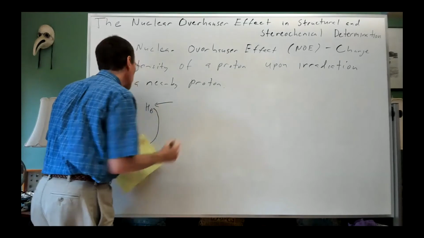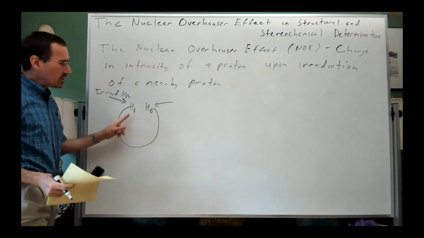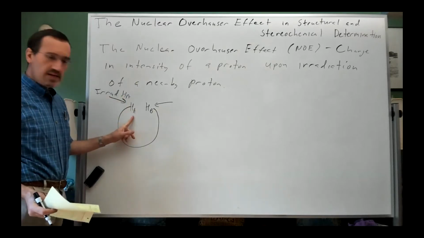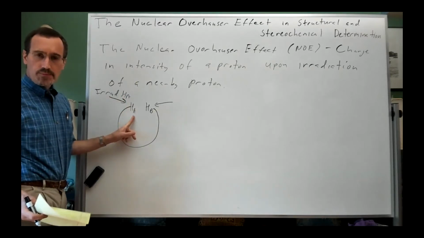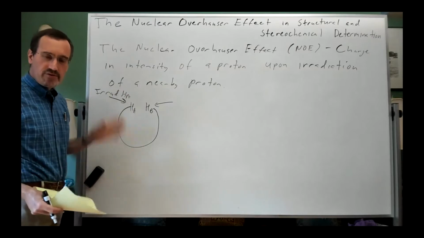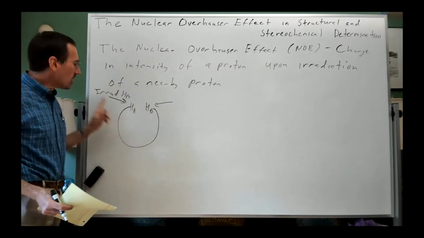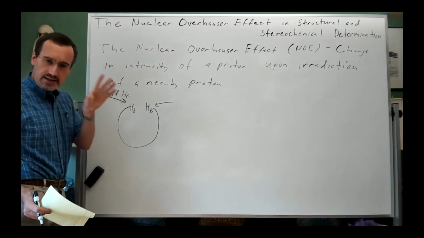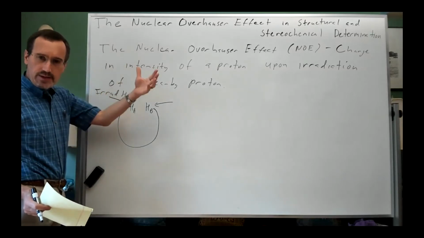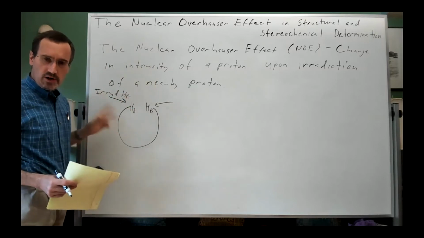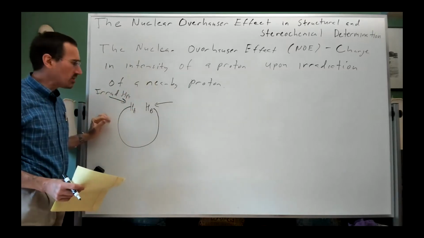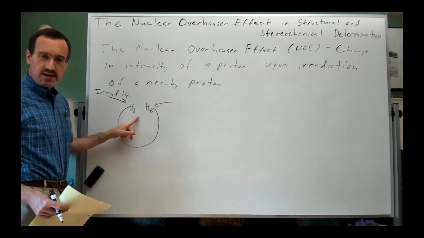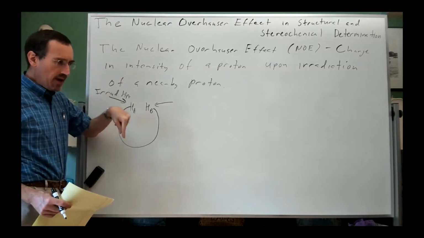So in other words, when we irradiate HA, so let's say HA is at 2 ppm, and let's say we're on a 500 megahertz spectrometer. So if we apply an electromagnetic signal at 500,1000 hertz, at what corresponds to 2 ppm, we're going to flip the spin of HA back and forth.